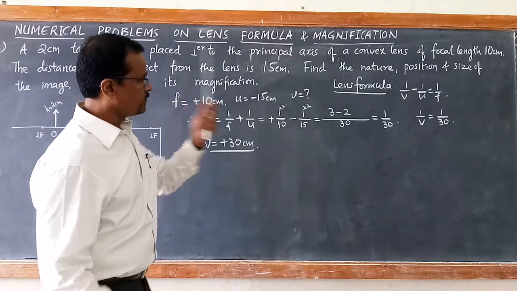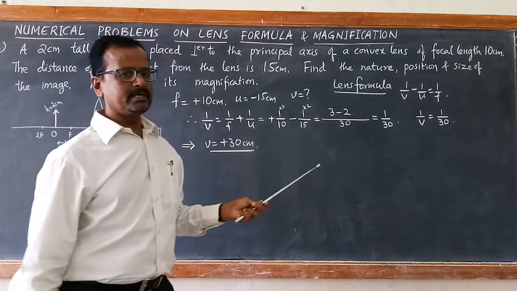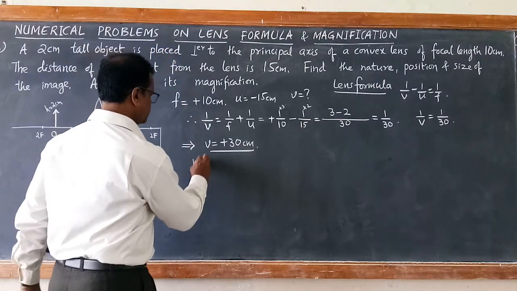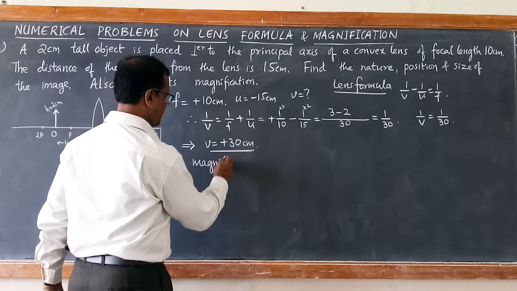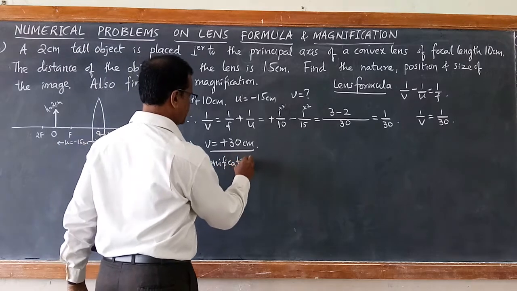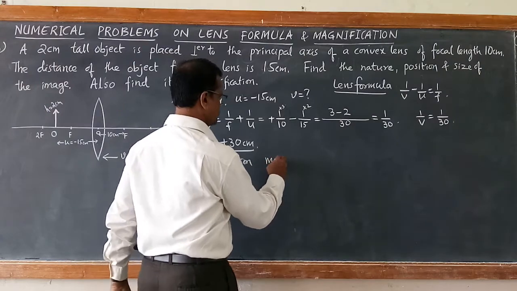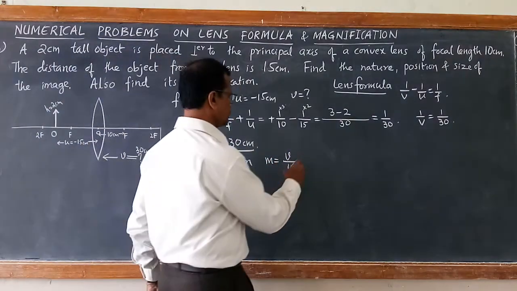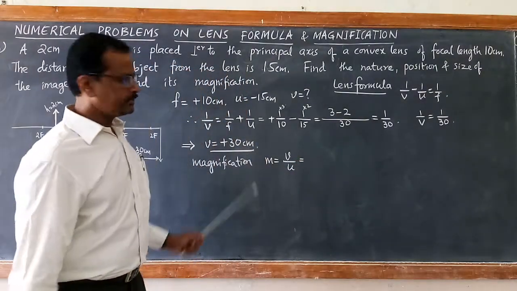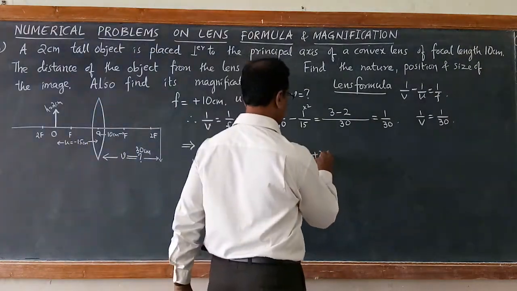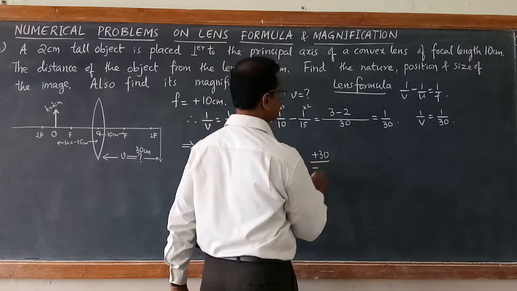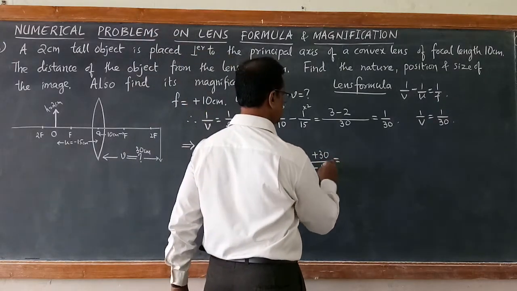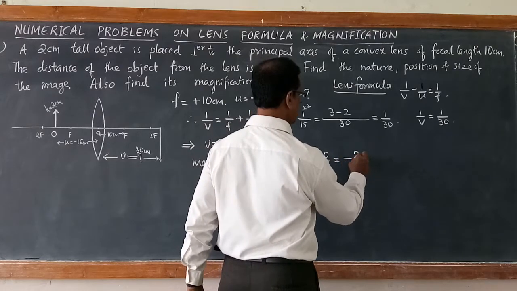Now next, find the nature. The nature of the image can be found out from the magnification. Magnification m is equal to v by u directly. Just substitute the values with sign convention. v is plus 30 and u is minus 50. So it becomes minus 0.6 times.